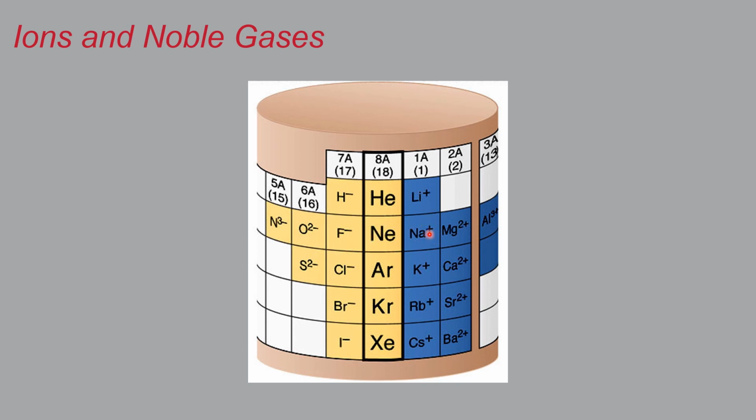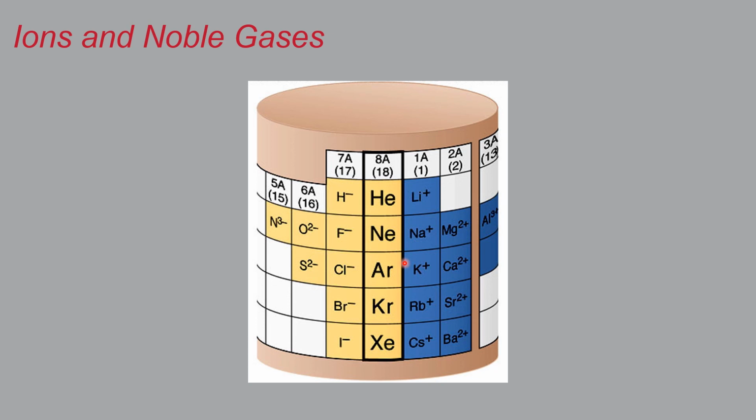Now look at the other end of it. So sodium is element number 11. So a neutral sodium atom has 11 electrons in it. It has 1 more than the magic number 10 that neon has, or it has 7 less than argon, having the next magic number of 18.